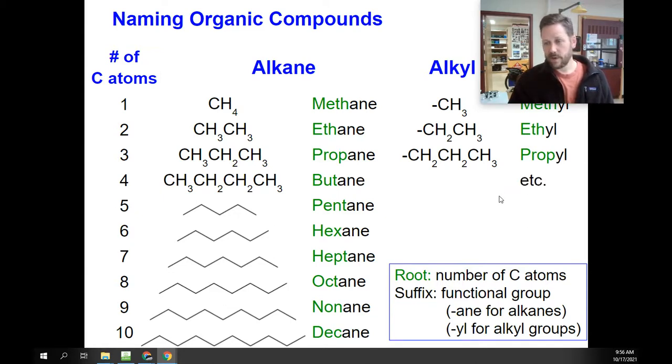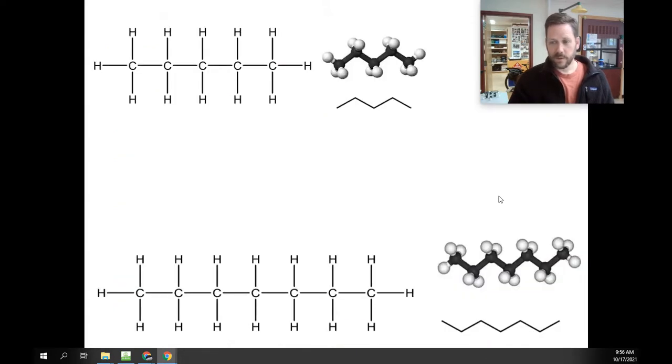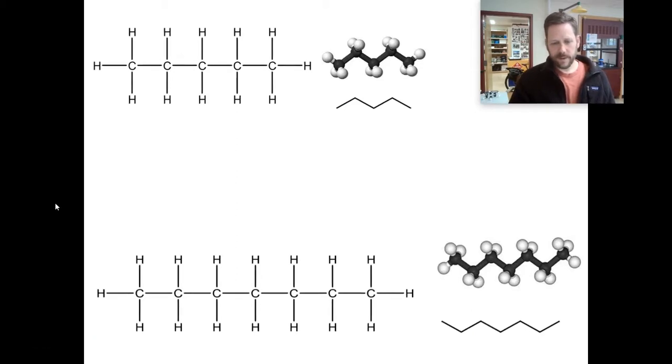Now, naming organic compounds is a pretty complex field of study. But it's kind of fun to play around with, but it's maybe just good for us to look at 2 examples before we move on. We saw these before, and I'm going to count the number of carbons, 1, 2, 3, 4, 5.